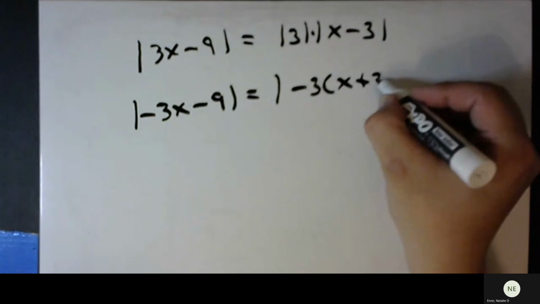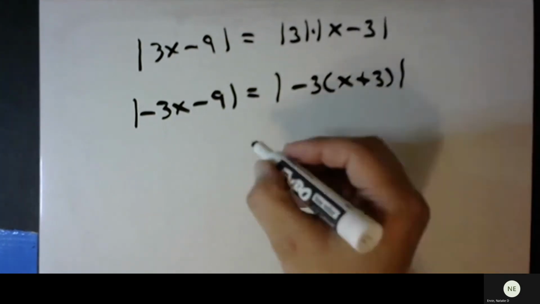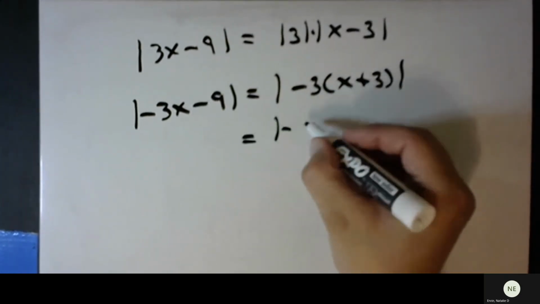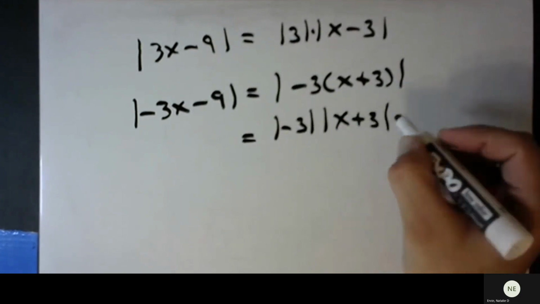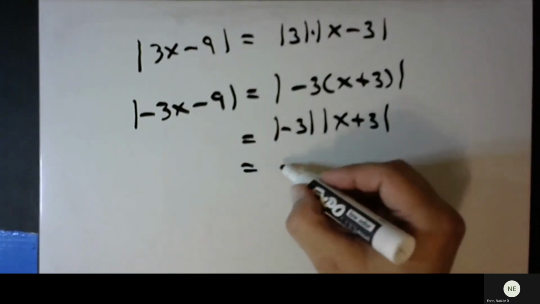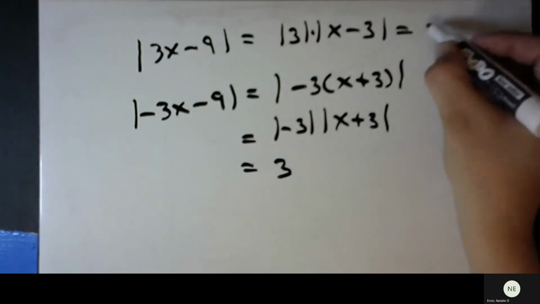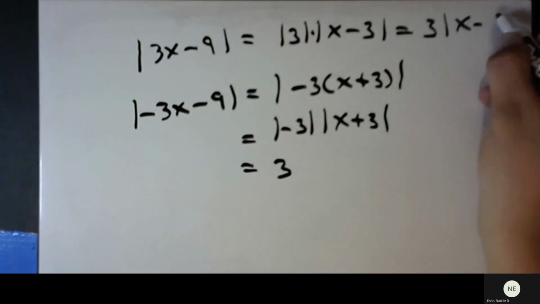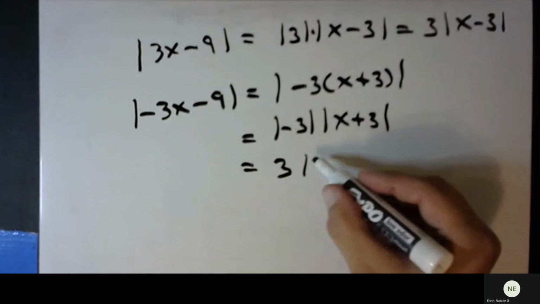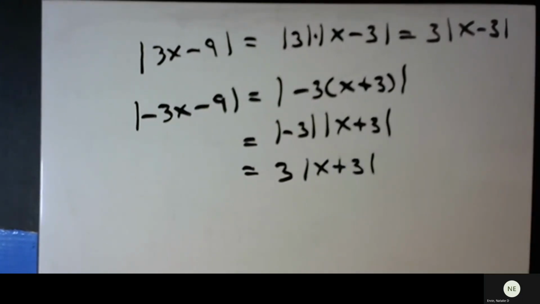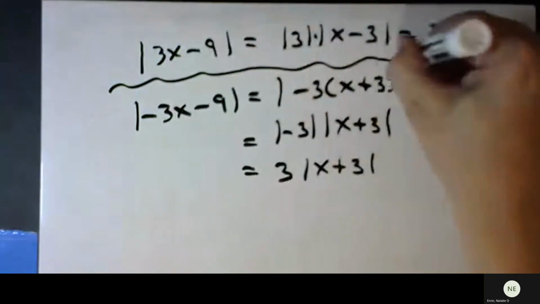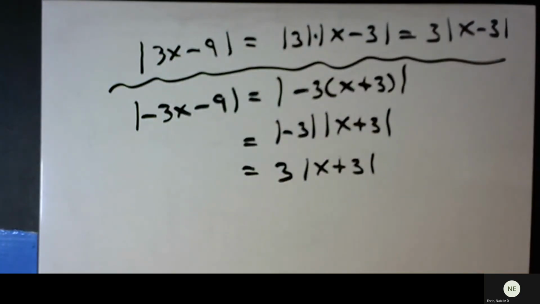This would be plus 3 here. Like this would be 3x minus 3. This would be 3x plus 3. But anyway, just a little review with absolute values here.